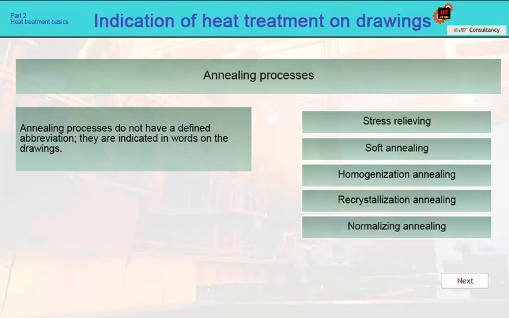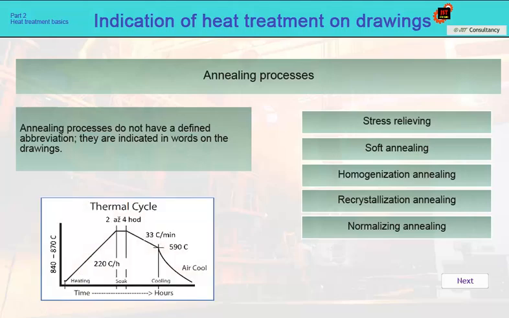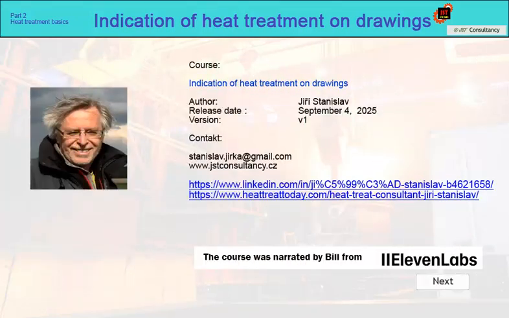However, there are many more of these annealing processes, and it is therefore necessary to read the drawing and any description for it, containing the actual annealing procedure. Not only the temperature can be decisive, but also the method of heating or cooling, and each such case must be approached individually.